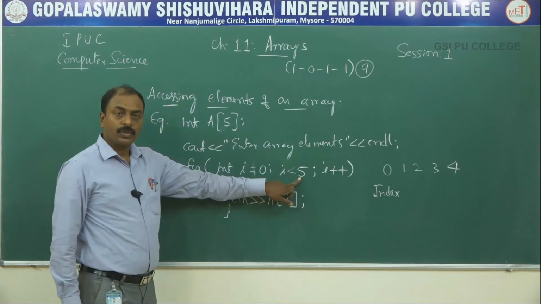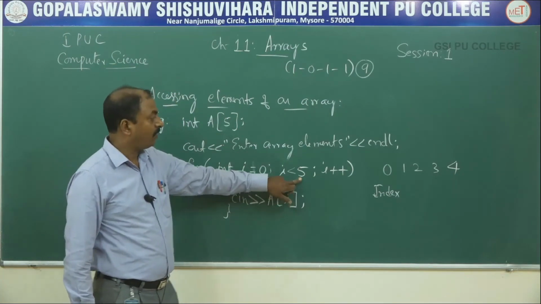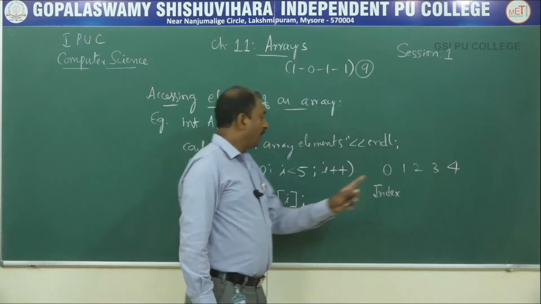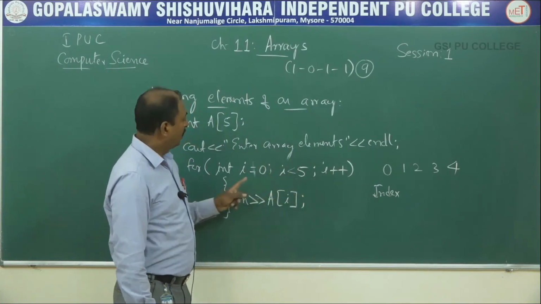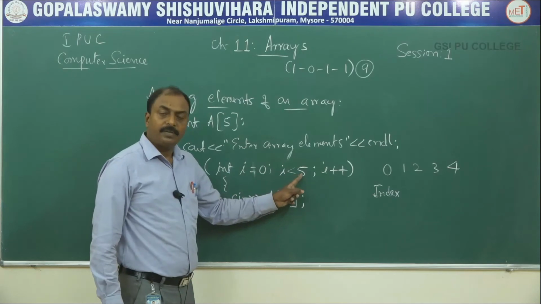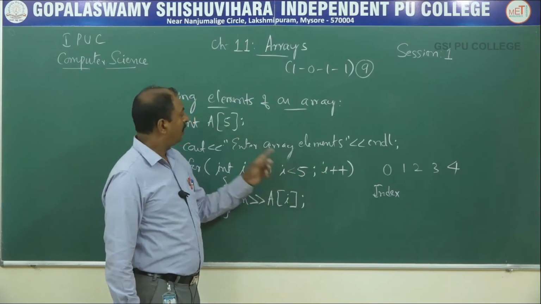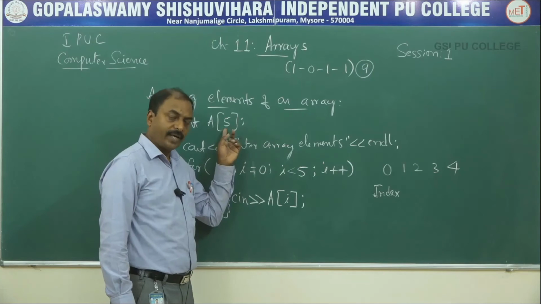So the loop has to continue up to less than 5, that is up to 4. It cannot be less than or equal to 5, because 0 to 5 becomes 6 elements, and we have declared the size as only 5.